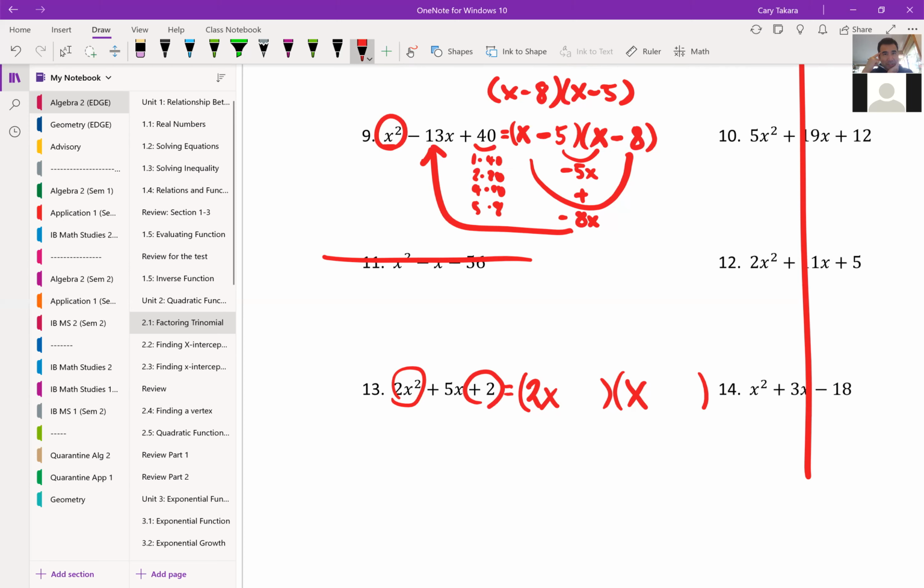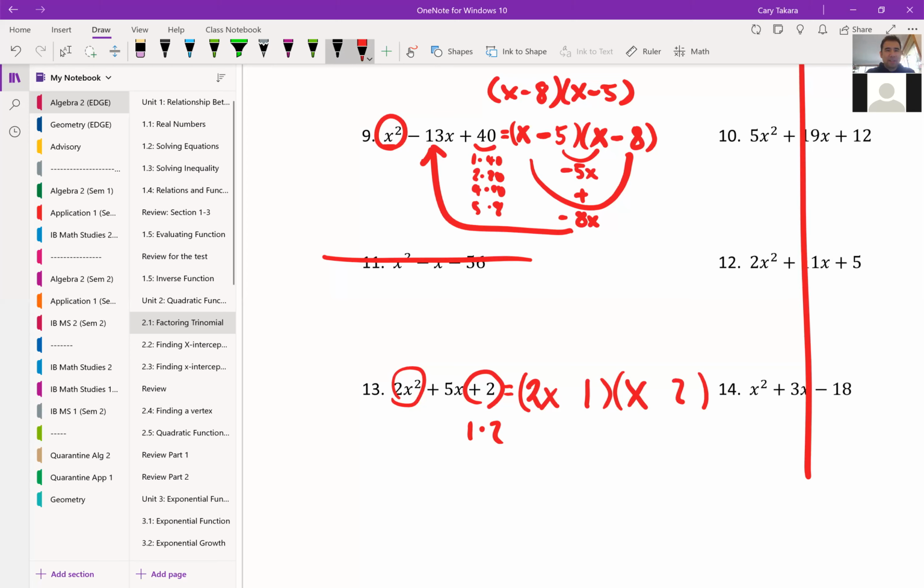You're going to ask yourself what? What times what is 2? There's only one possibility. It's 1 times 2. So I'm just going to put 1 and 2. Maybe it could be 2 and 1, okay? But I'm just going to put 1 and 2.